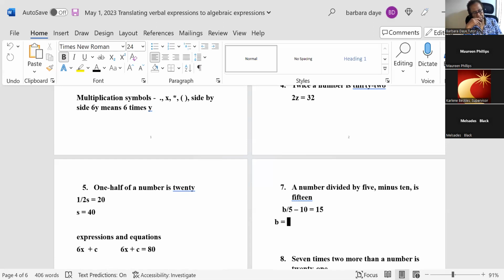5. What's 5 over 5? 5 over 5 is a half. No, 5 over 5? It's 1. 1. What's 1 minus 10? Minus 9. Is that equal to 15? Uh-oh. Nope, Maureen. So it can't be 5.